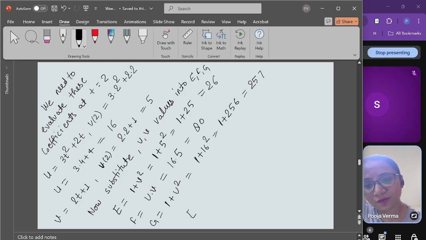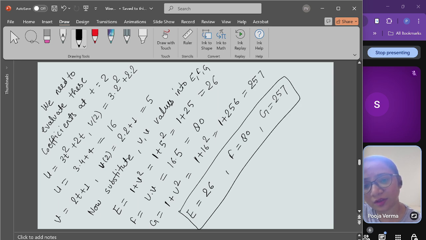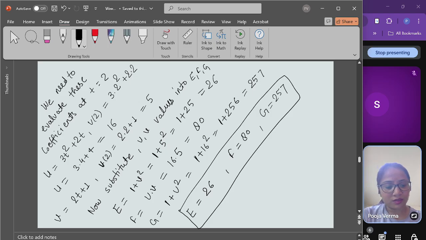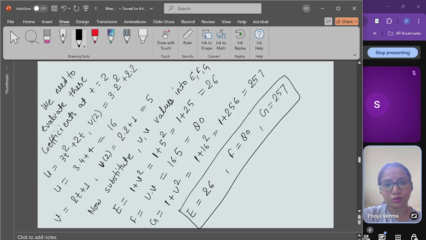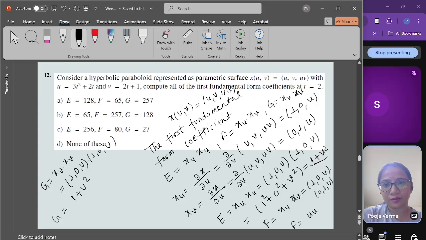So E value you have got 26. F value we have calculated 80 and G value is 257. Okay, so this is our answer. So let's check in the options. E is 256, F is 80 and G is 257.